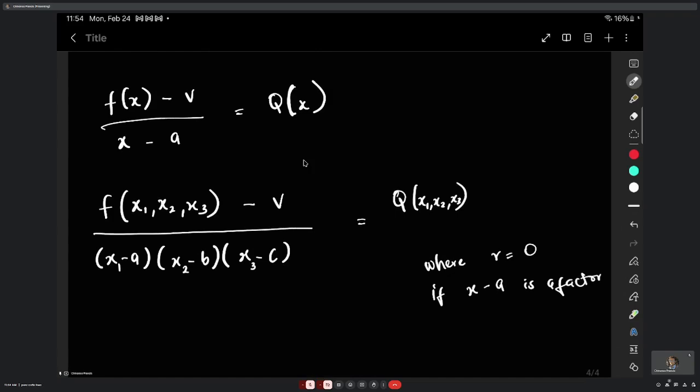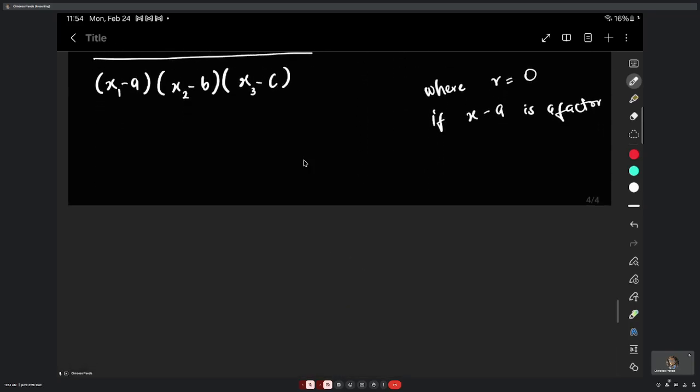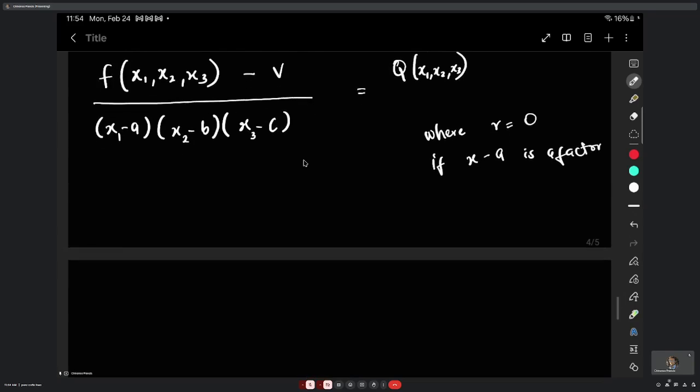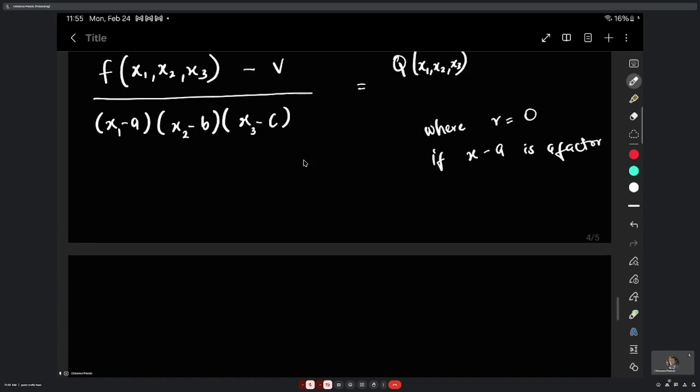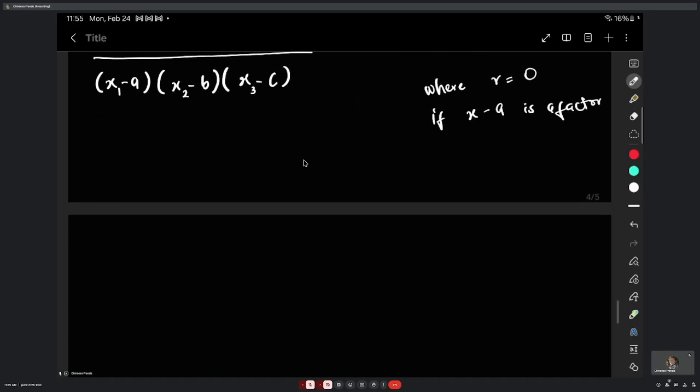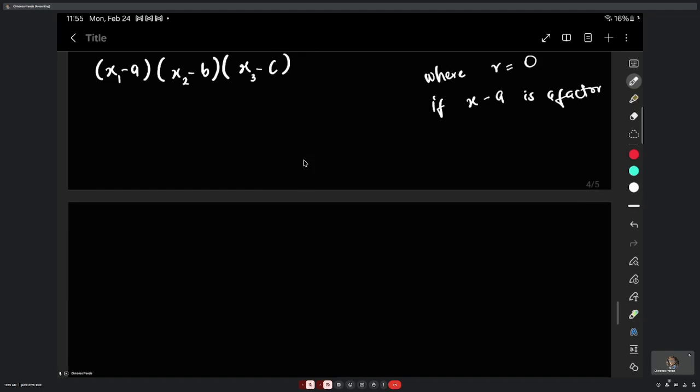Okay, so it's actually correct, but let's prove it. Which polynomial should we work with?